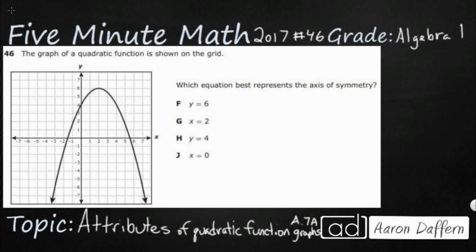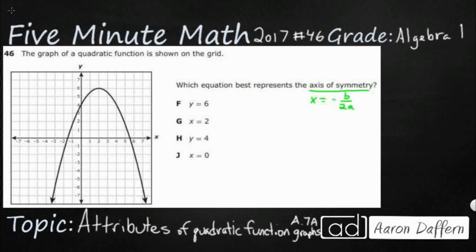So we have this graph of a quadratic function. We are looking for the equation that best represents this axis of symmetry. Now, if we look on our mathematics chart or reference materials, we will see the axis of symmetry has an equation for us, and it's negative b over 2a.